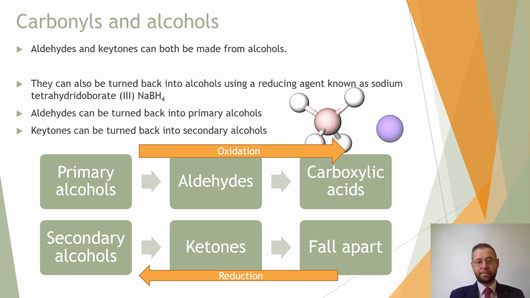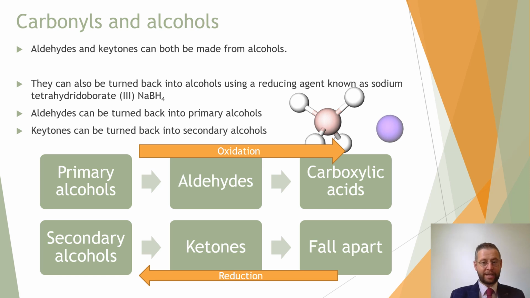Now let's look at the reverse process. If we can add more and more oxygen to these, can we take oxygen away? Can we make them undergo reduction, go backwards, back into their alcohols? And yes, indeed we can. But what we need is a reducing agent. Now the reducing agent is basically acting kind of like a catalyst, I suppose, but it's going to come in and donate one of its hydrogens in a nucleophilic reaction.